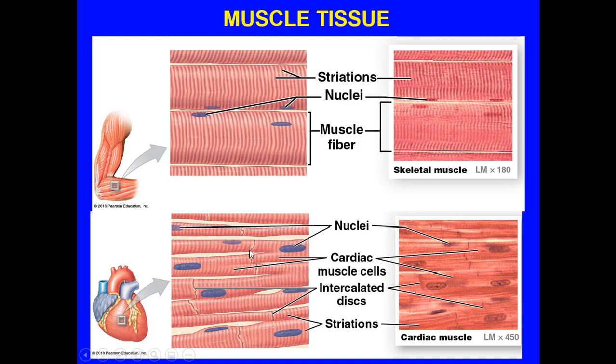You also have these unique connections between them, called intercalated discs, which allow for synchronization of the contractions of all the muscle cells at the same time, because each of the cells at the intercalated disc are connected by the connexins, the structure that allows for this gap junction control, the movement of ions across the cells to coordinate and make sure that you have one big continuous muscle contraction. You will have striations in cardiac muscle cells as well.